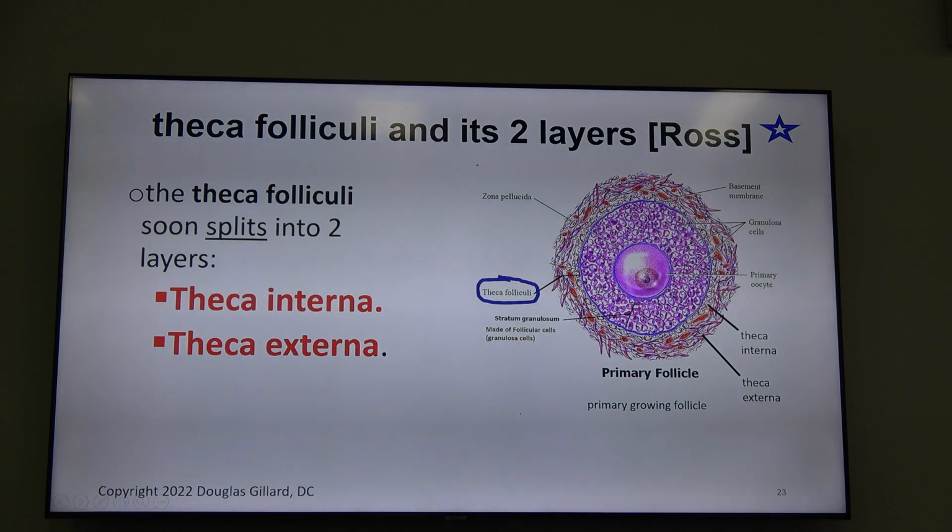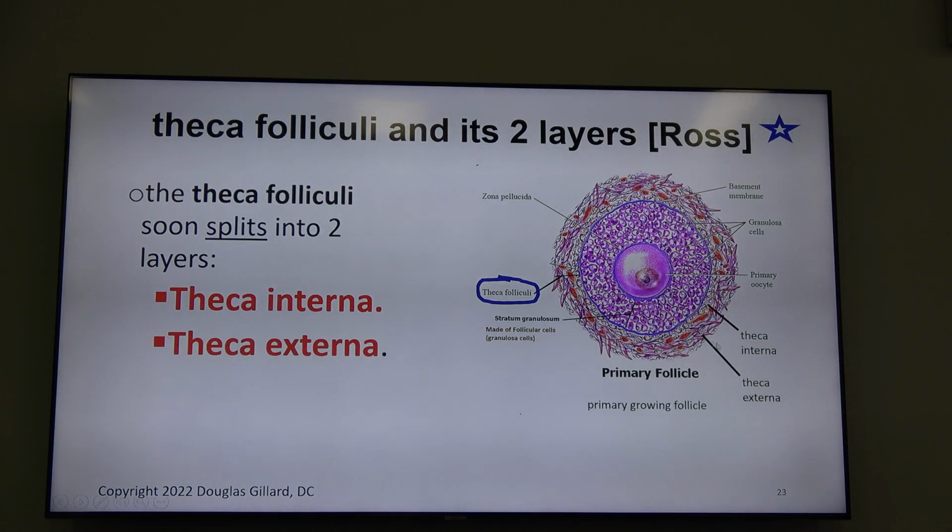We think it comes from cells in the basement membrane, but it does appear, and it starts getting thicker and thicker, and as it grows, it differentiates into two layers, the inside and the outside. Theca interna is on the inside. Theca externa is on the outside.